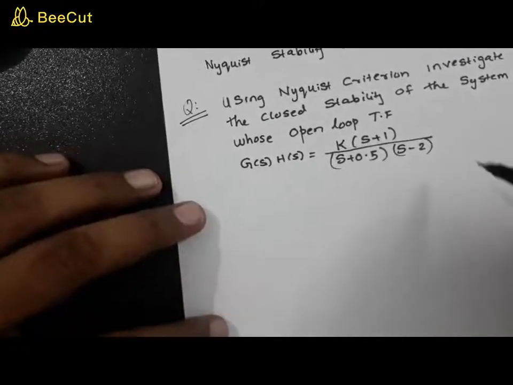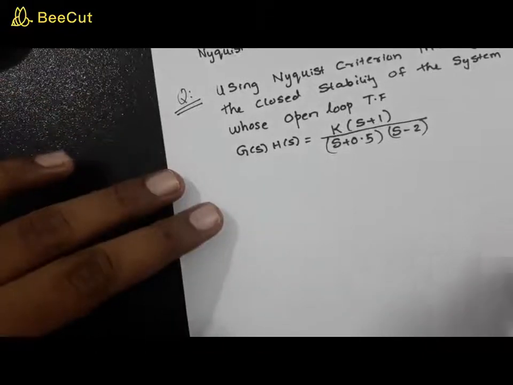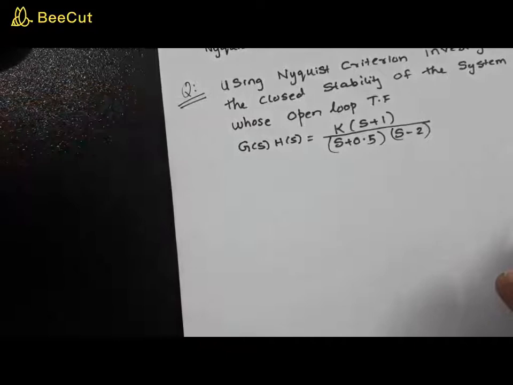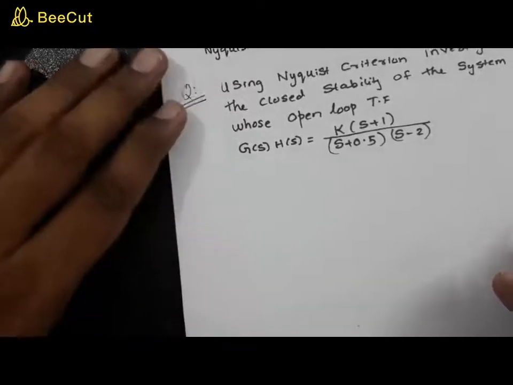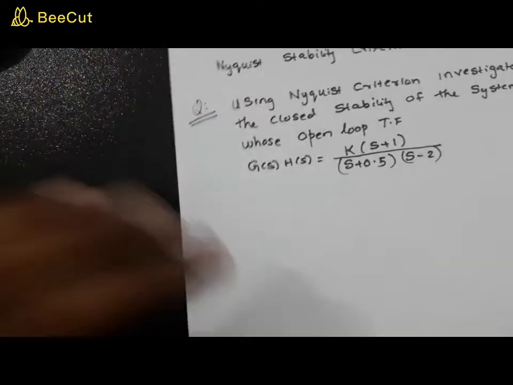You can use your blank paper for this Nyquist criterion. If you want to use that, the method which I discussed earlier is not suitable, so we will have a slight change.